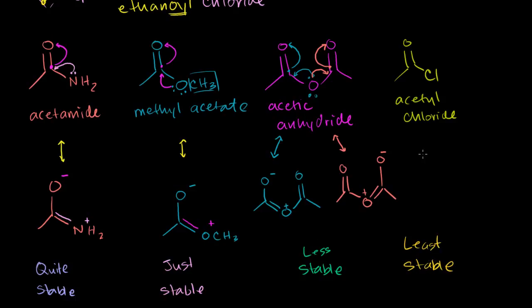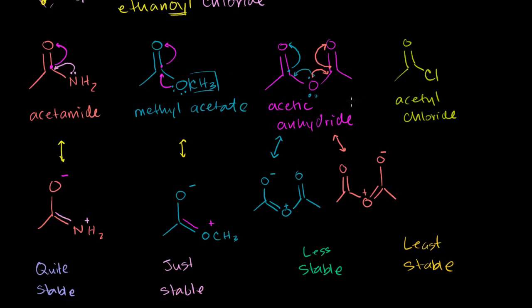Now, why am I even bothering with all of this, this hierarchy of stability for carboxylic acid derivatives? I'm bothering with it because I've already shown you some mechanisms that can take us from a carboxylic acid to an ether, or a carboxylic acid to an acyl halide. And in general, you can go between all of these and a carboxylic acid.